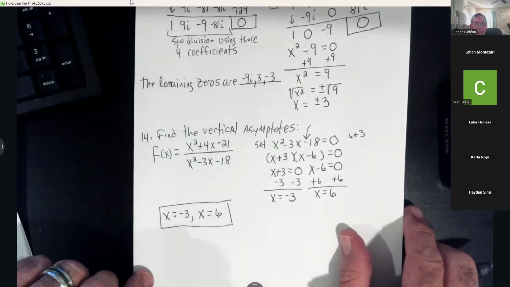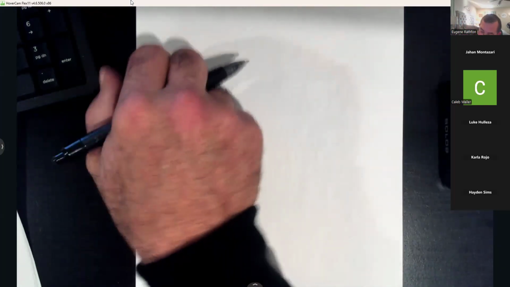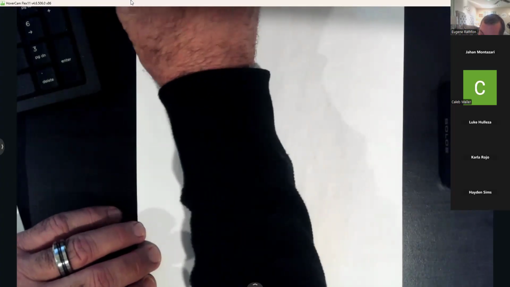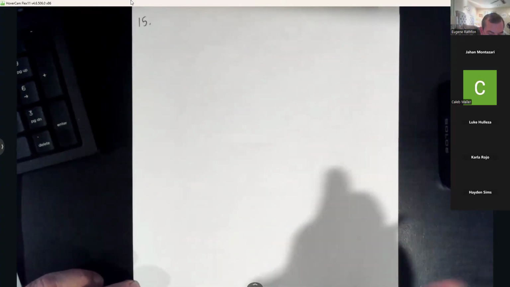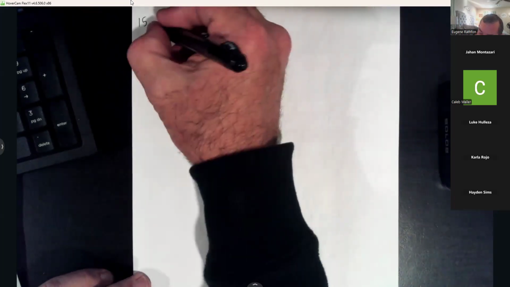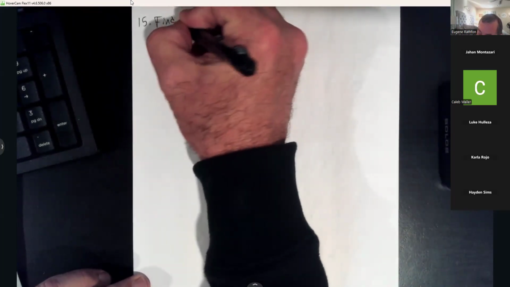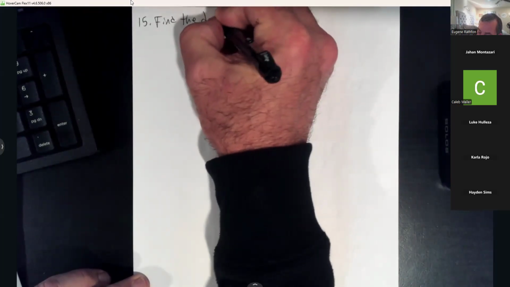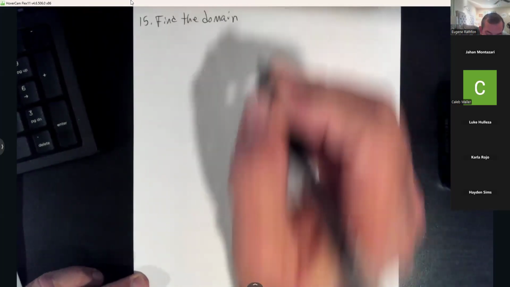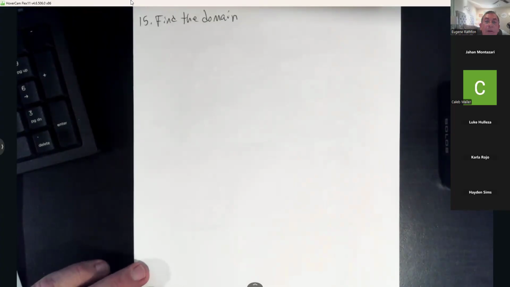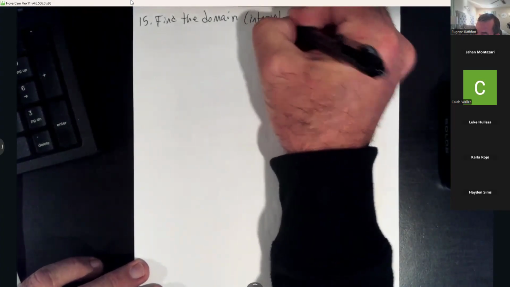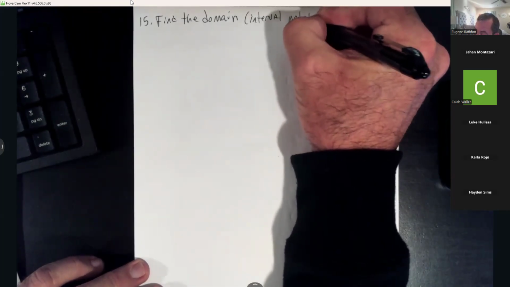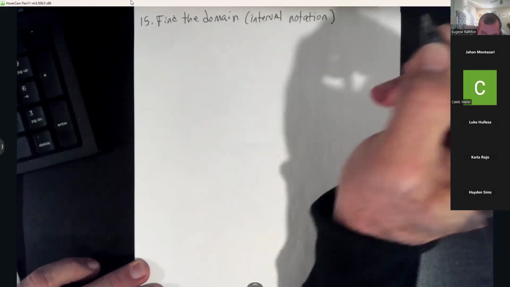All righty, y'all. So let's see. That was number 14, so we need 15 next. 15 wants me to find the domain, and then we're going to write the domain in interval notation. All right, y'all.